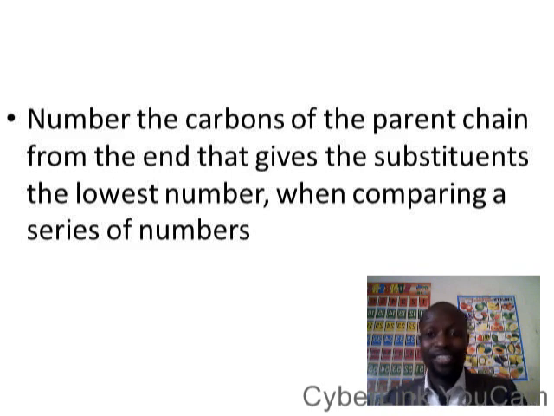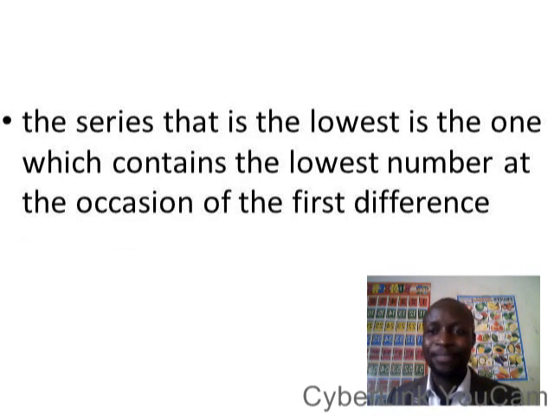That's why I read this rule again. Number the carbons of the parent chain from the end that gives the substituent the lowest number when comparing a series of numbers. Do you get that? Another rule is here.